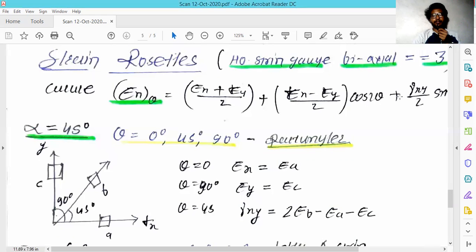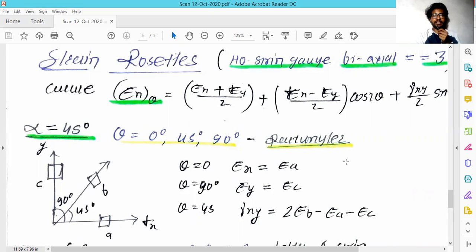So in this condition, the right hand side of this equation will become the strain in y direction, which shows the strain gauge at C.